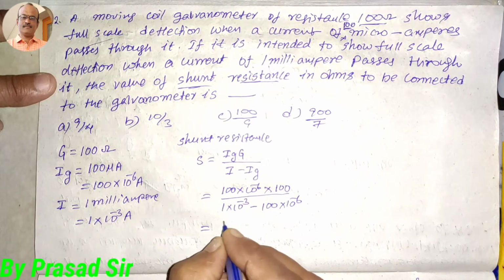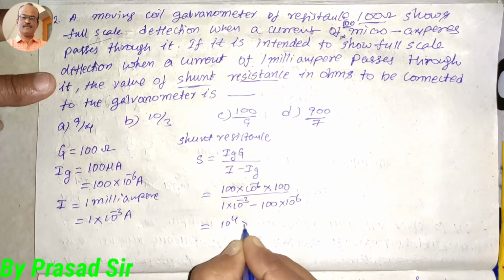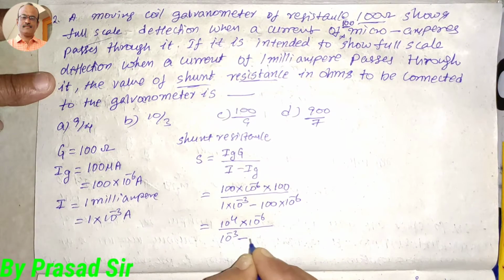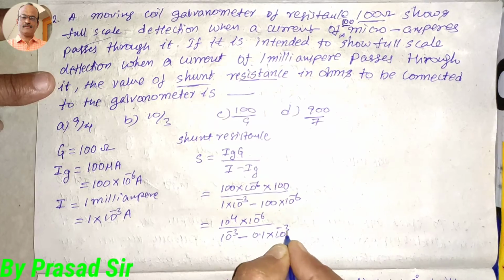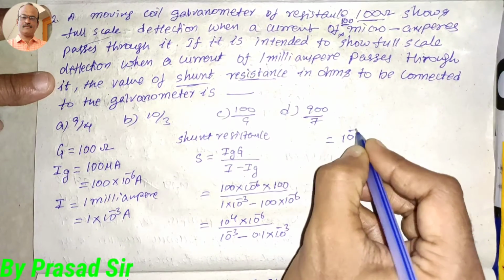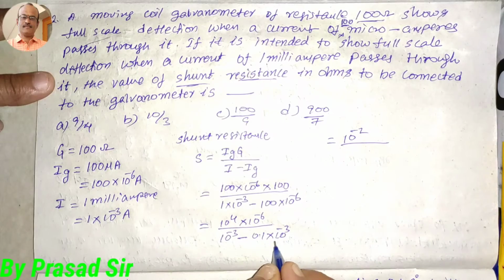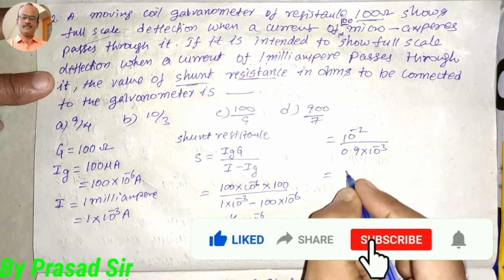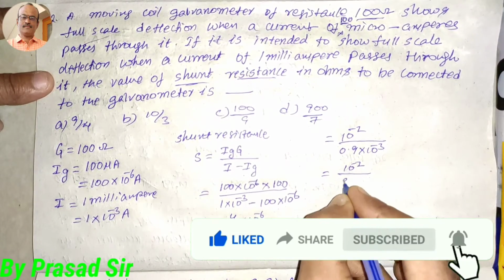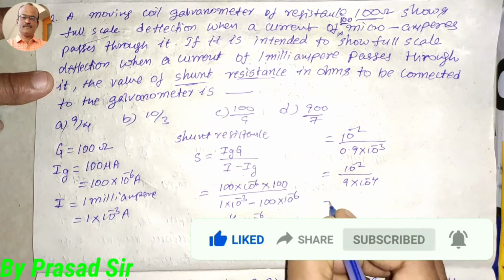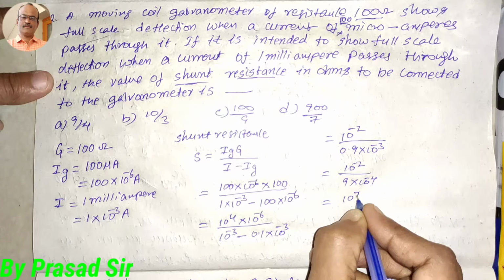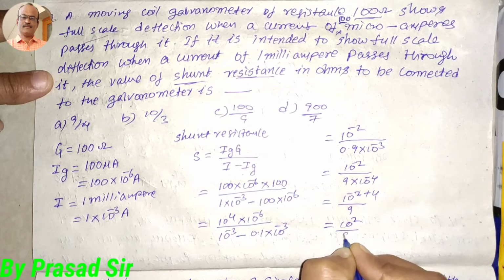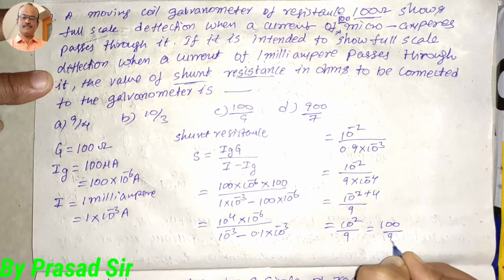So 10 to the power of 4 into 10 to the power of minus 6 divided by 10 to the power of minus 3 minus 0.1 into 10 to the power of minus 3 is equal to 10 to the power of minus 2 divided by 0.9 into 10 to the power of minus 3. So that is 10 to the power of minus 2 divided by 9 into 10 to the power of minus 4. So 10 to the power of minus 2 plus 4 divided by 9, that is 10 square divided by 9, is equal to 100 by 9 ohms.